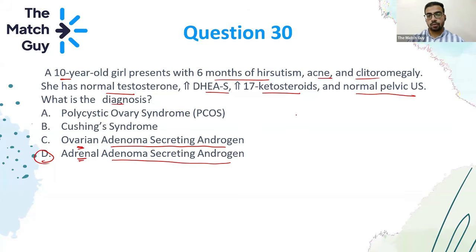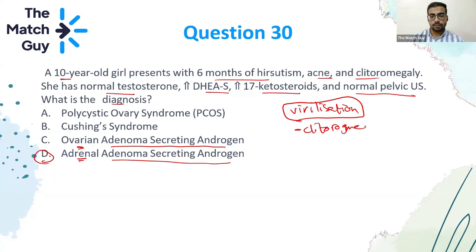One term, very important, I want you to be familiar with is virilization. What is virilization? Virilization just means severe hyperandrogenism. By virilization, I mean clitoromegaly, which we have here in this question, increased muscle bulk, and deepening of voice.